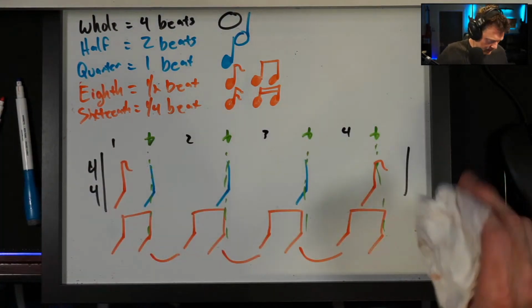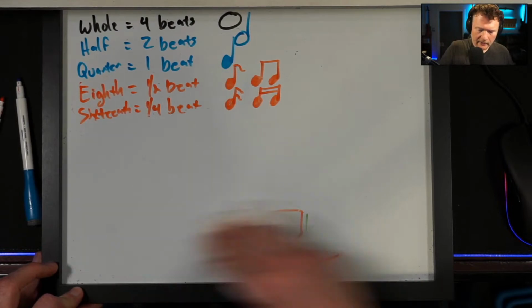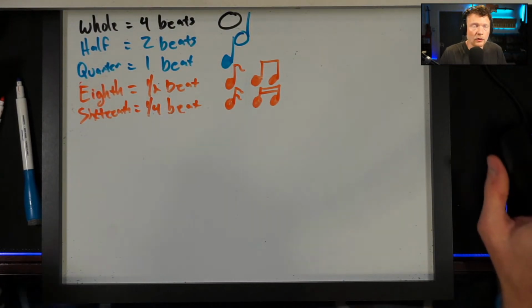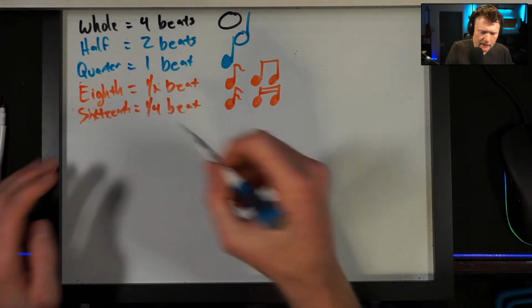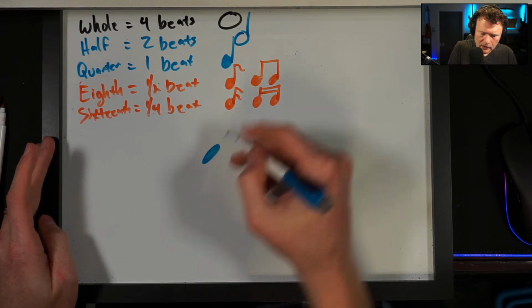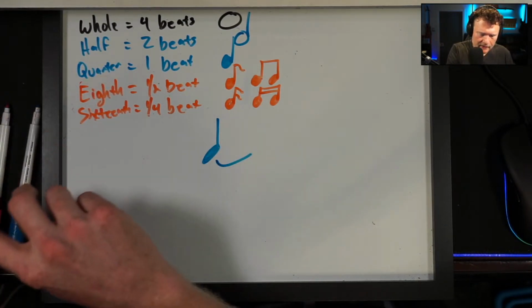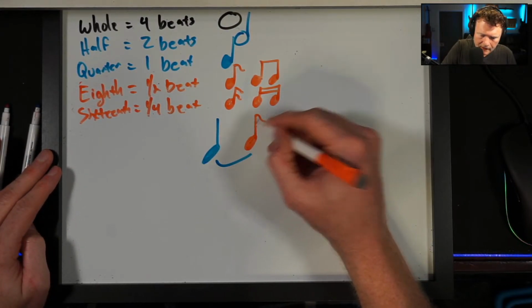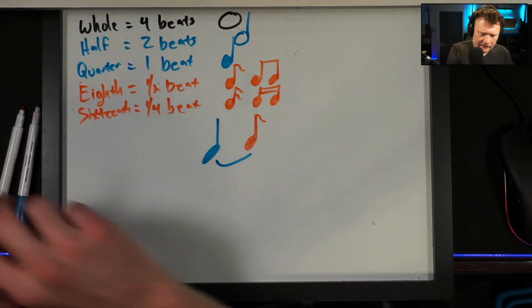Now, if you have a lot of notes that are going to be playing quarter notes with 1.5 beats, instead of having your quarter note tied to an 8th note like this, this equals 1.5.